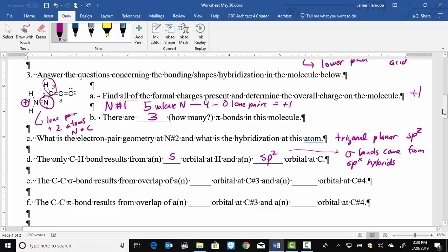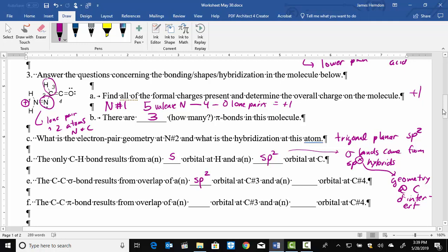And the X there corresponds to the geometry at the carbon of interest. Okay, all right, the CC sigma bond, there's the only CC bond right there. There's a sigma bond and a pi bond. This is asking for the sigma bond. Okay, so carbon 3 is trigonal planar and sp2.